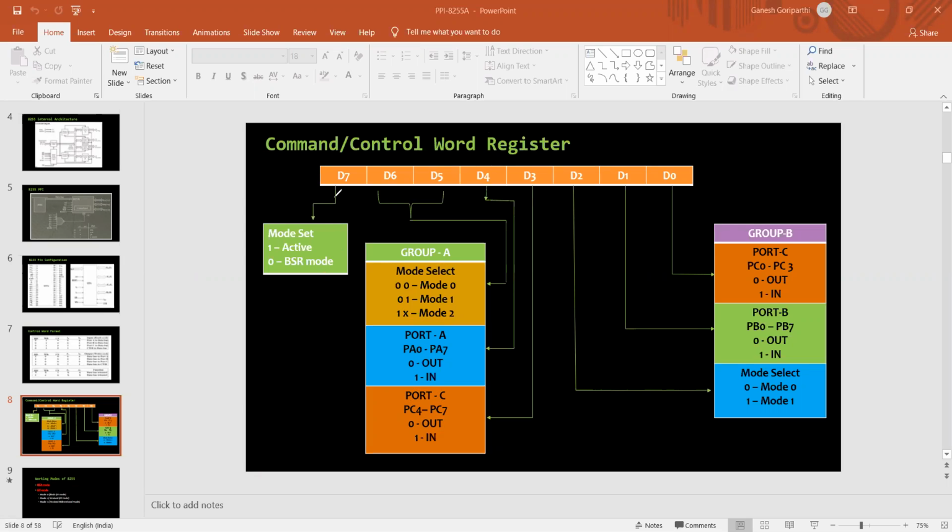By using this simple command word, we can decide which port is operating in input mode and which port is operating in output mode, and we can decide in which mode of operation that particular port is being operated. So that means the entire operation we can decide.